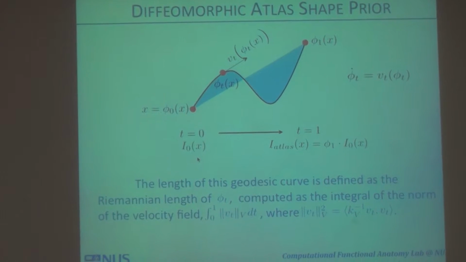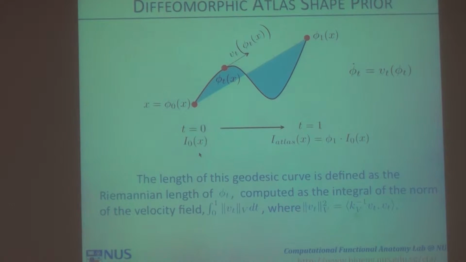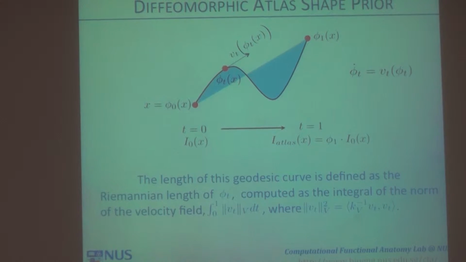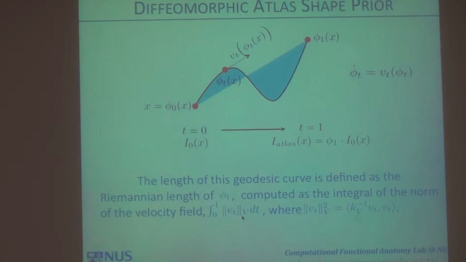The length of this geodesic curve is defined as the length of phi t, computed as the integral of the norm of the velocity field, as I showed you down here. Capital V here is the Hilbert space associated with the smooth vector fields, which can control the smoothness of Vt, and kernel Kv is the corresponding kernel in the Hilbert space.